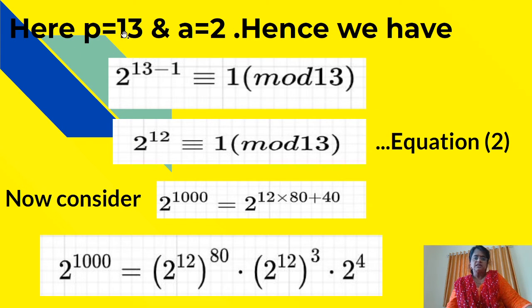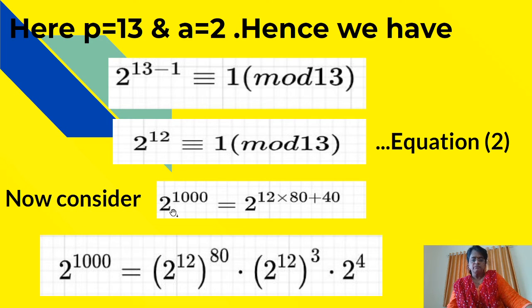Here p is equal to 13 and a is equal to 2. Hence we have 2 raised to 13 minus 1 is congruent to 1 mod 13, which means that 2 raised to 12 is congruent to 1 mod 13. Suppose this is our equation number 2.